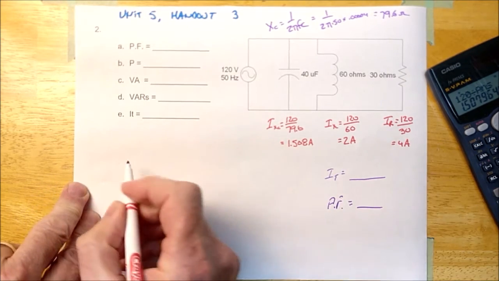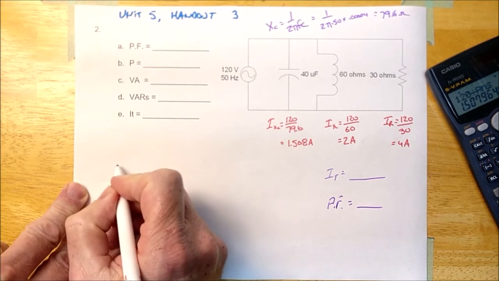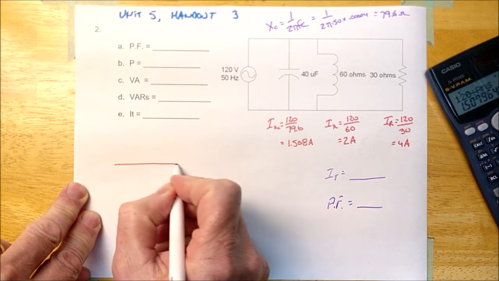Okay, so we calculated that, and now I'm going to draw a current phasor diagram that represents these. This is going to be a kind of a goofy one here, guys. We're going to have a long IR.